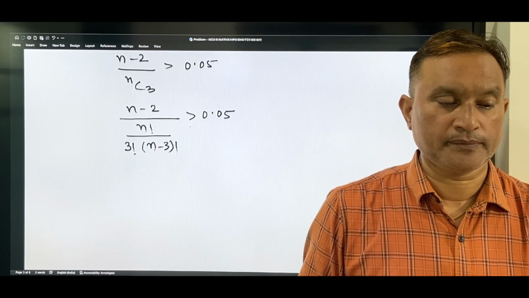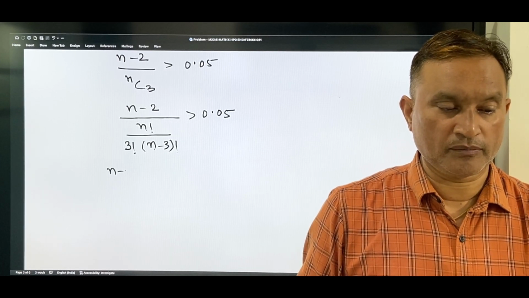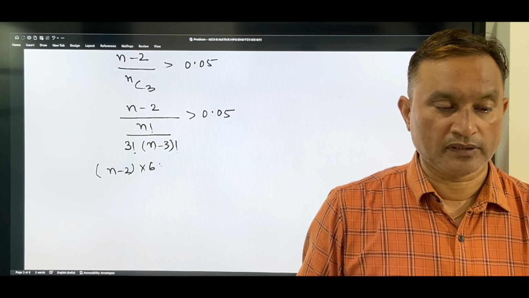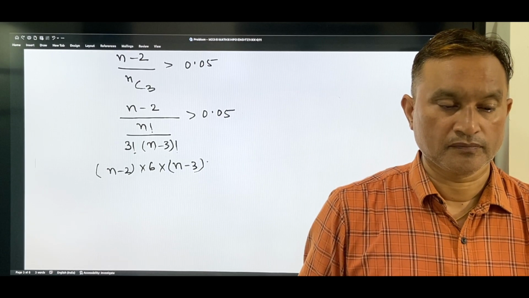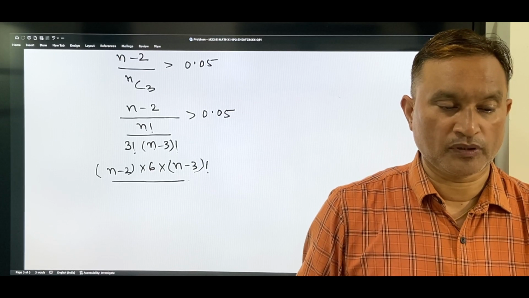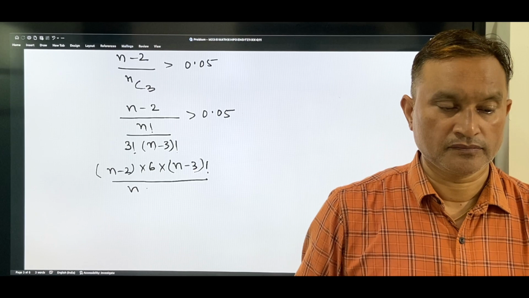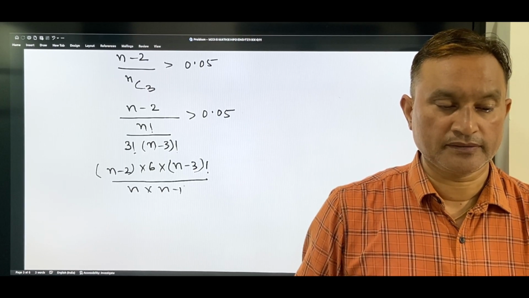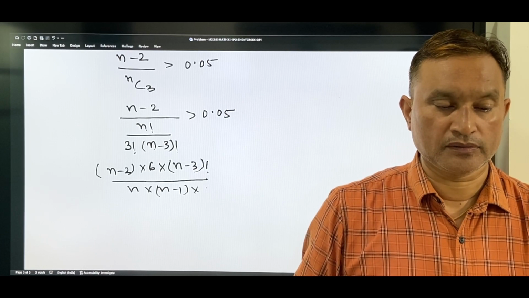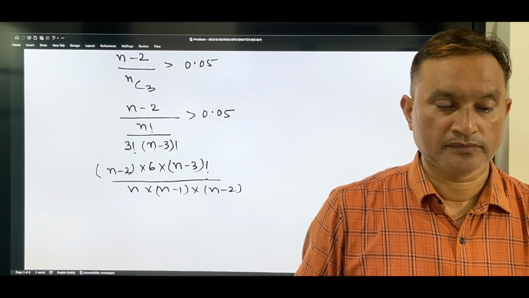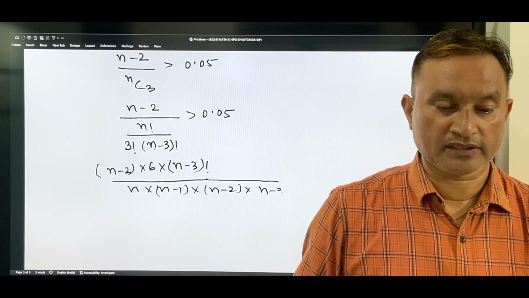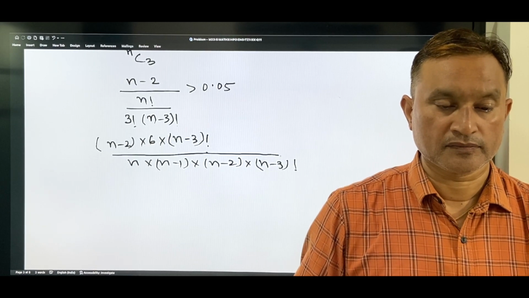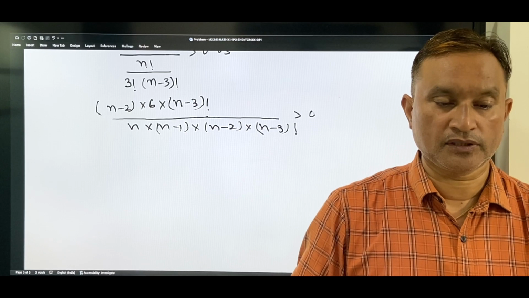Now we will simplify here. n minus 2 into 6 into factorial n minus 3 upon n into n minus 1 into n minus 2 into factorial n minus 3 is greater than 0.05.